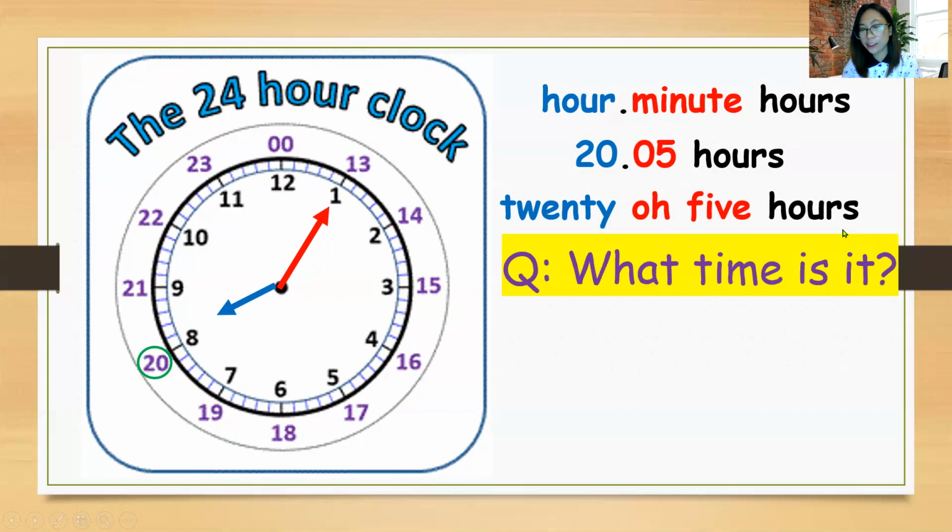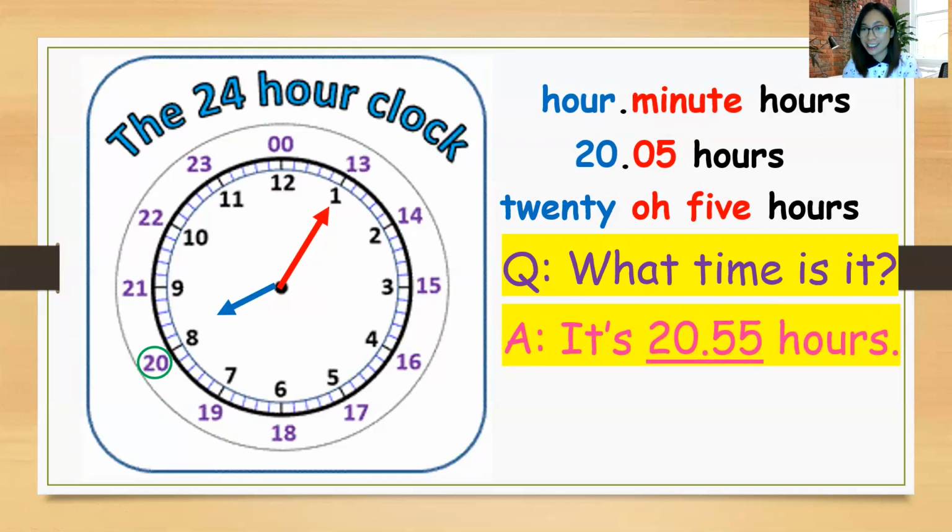Let's answer the question. What time is it? Good. It's 20:05 hours. Sorry, I have a mistake here. This is not 5. This is 0. 20:00 hours.